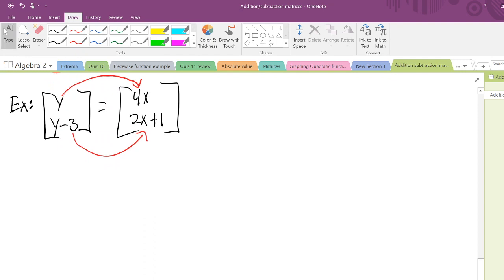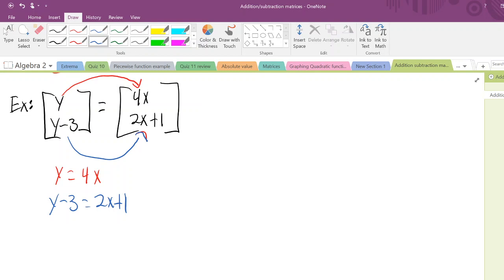Then I'm going to rewrite this, changing the color in this one, so I'm going to do my red. So I have y is equal to 4x, and then y minus 3 is equal to 2x plus 1. We're probably going to use substitution.